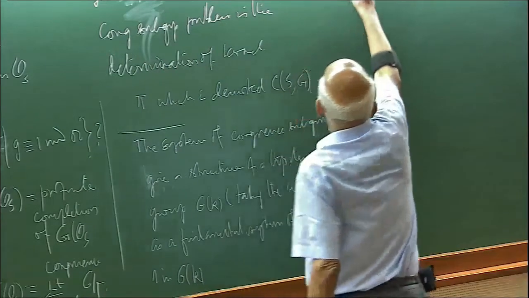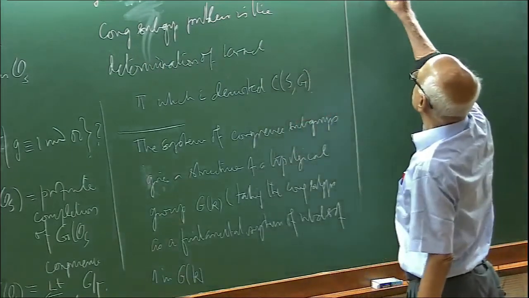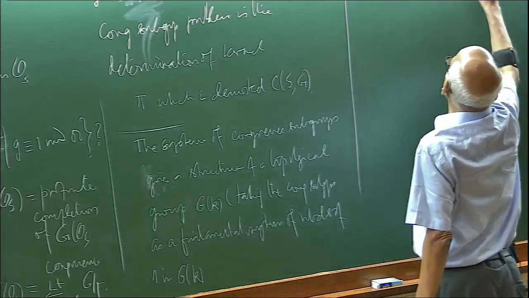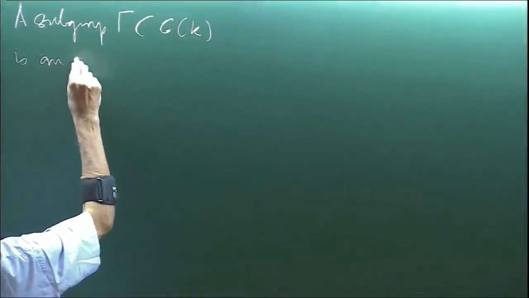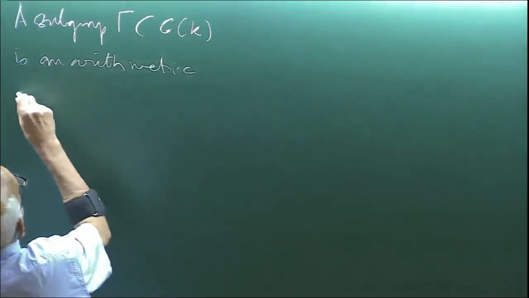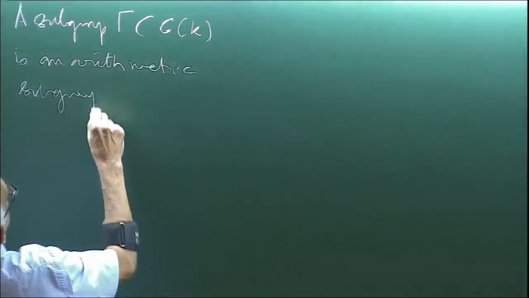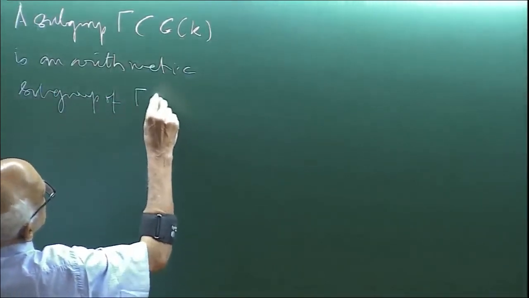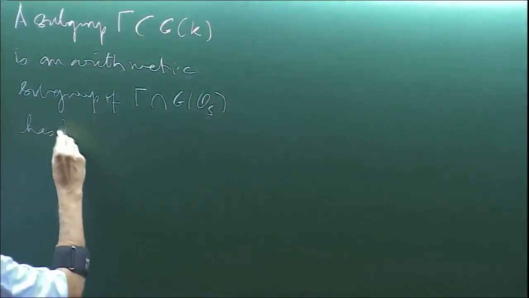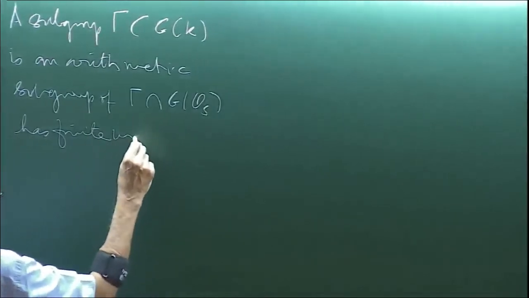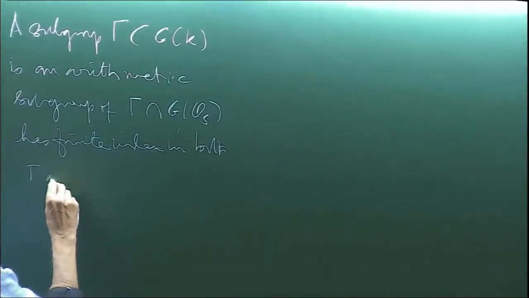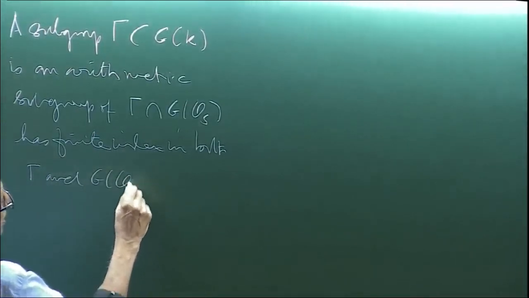In fact, one makes the following definition: a subgroup gamma in G_K is an arithmetic subgroup if gamma intersection G_OS has finite index in both gamma and G_OS.